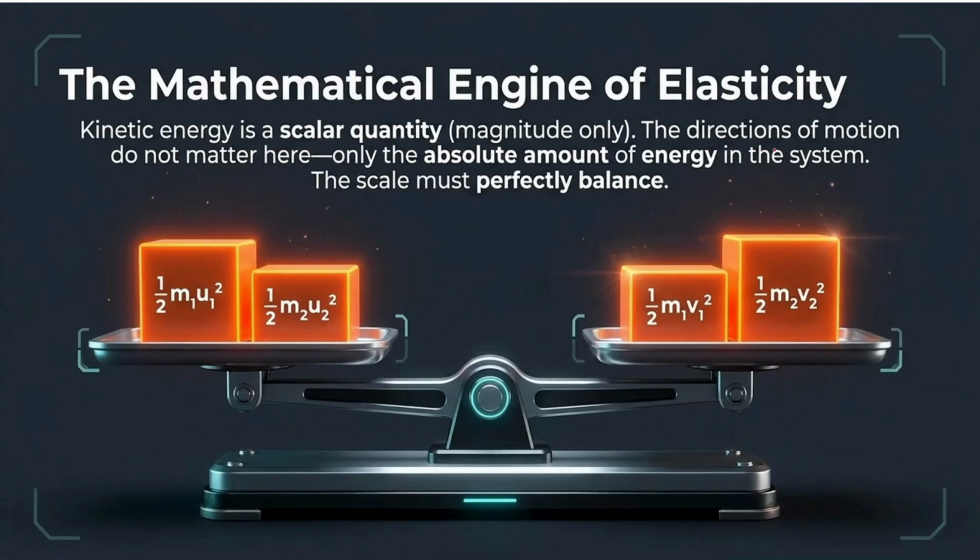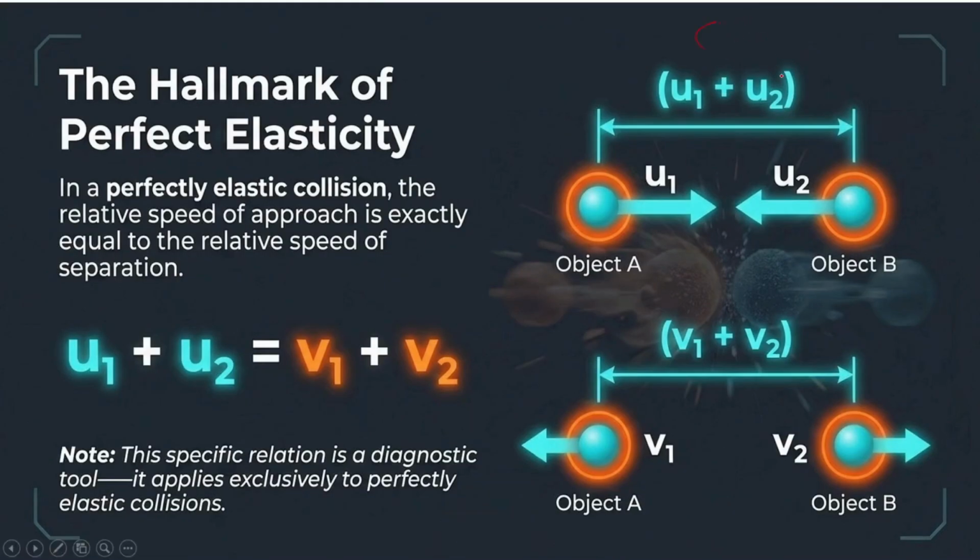But what happens physically? During the collision, the object may temporarily deform. So kinetic energy is stored as elastic potential energy, as we have seen with the ball and the club example, and then it converts back and gets its original size or volume.